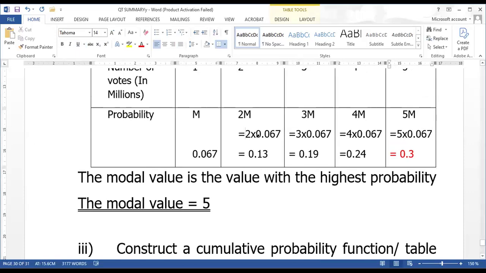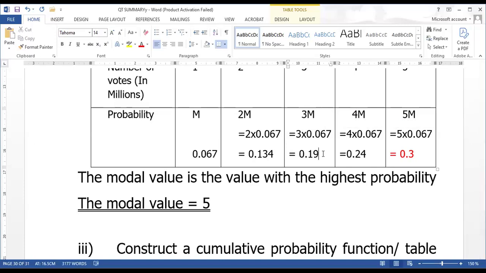so here, when you get 2 times this, you get this one. 2 times this, you get this one. 0.134. Then here, please be consistent.